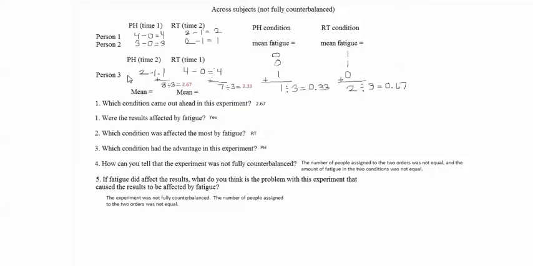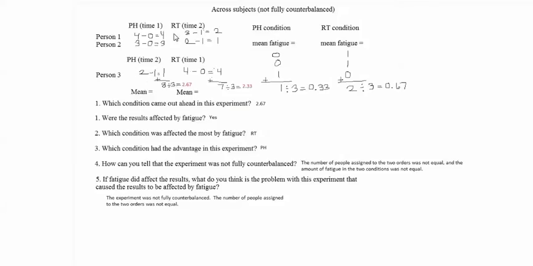So only one person is assigned to the RT and then pH order. In this case, it's not fully counterbalanced because we don't have an equal number of people assigned to the 2 orders.